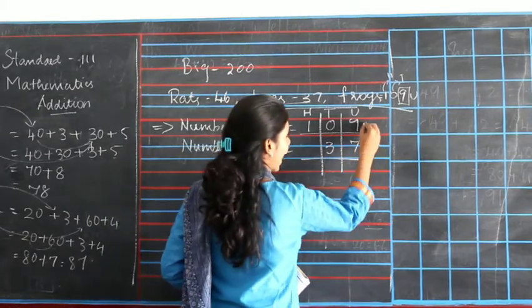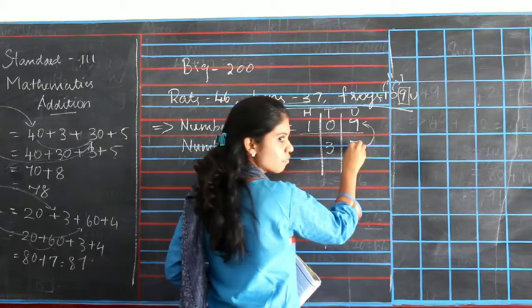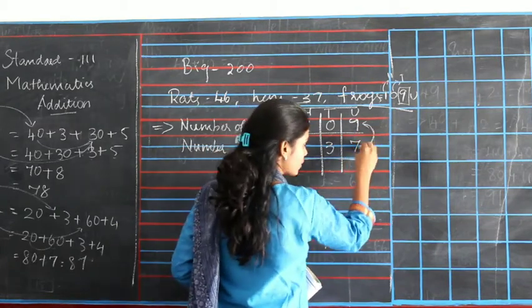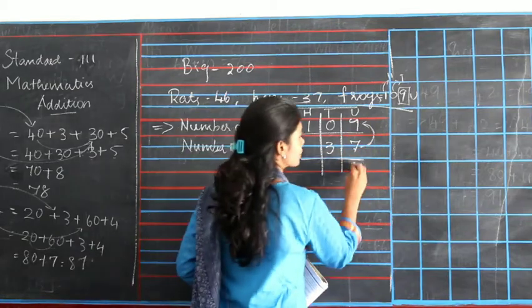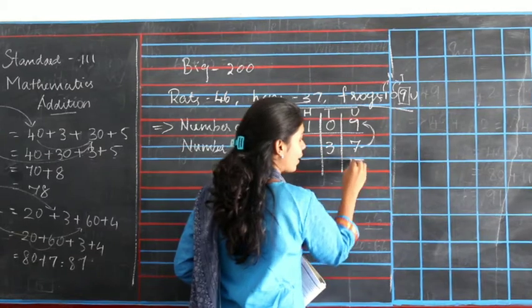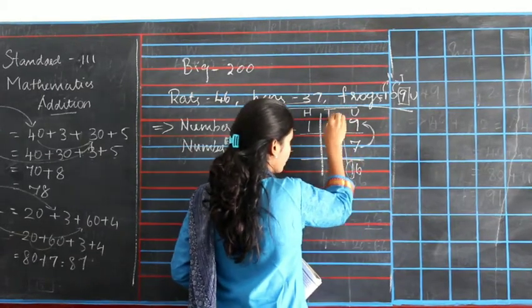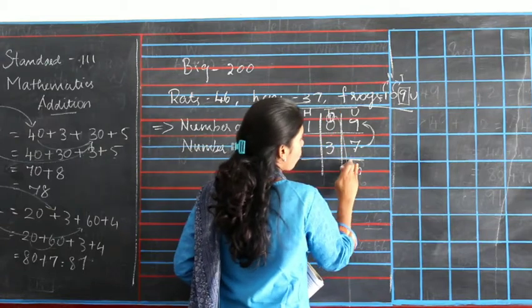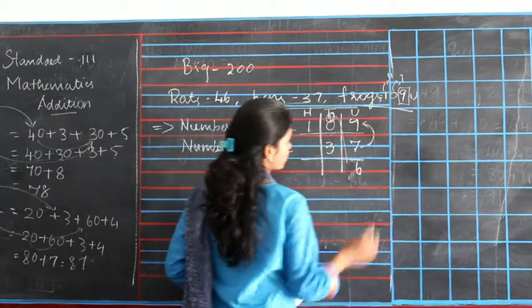Now we are going to add the units. We are adding the digits in the units. 9 plus 7 will be 16. We are getting 1 ten here, so we are moving it to the top. Here we will have 1 ten, and here 6 units.